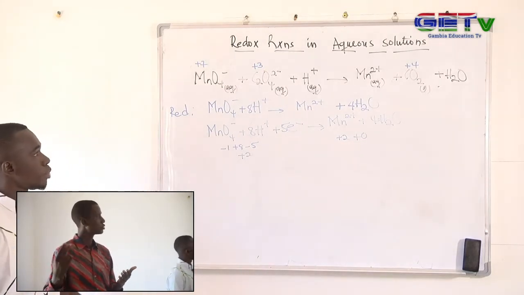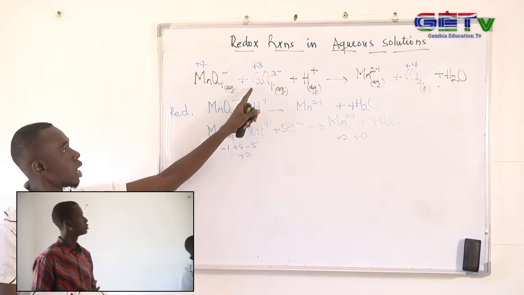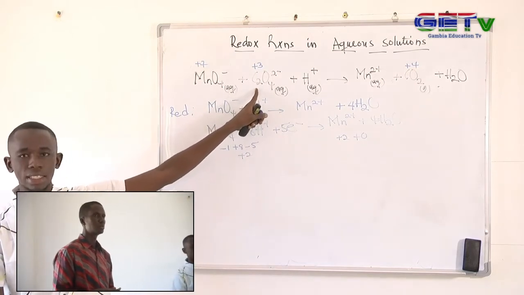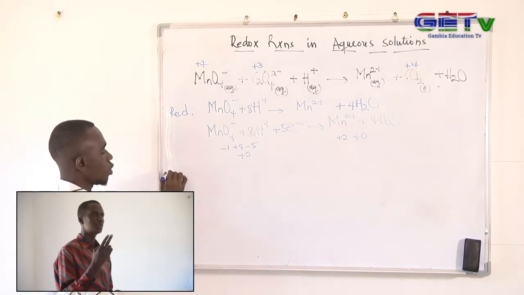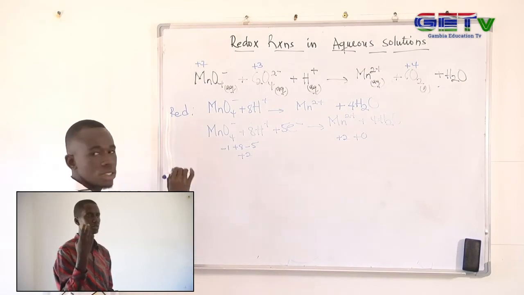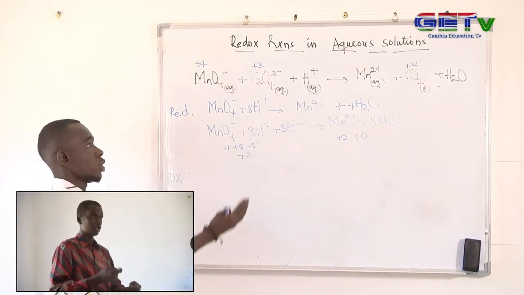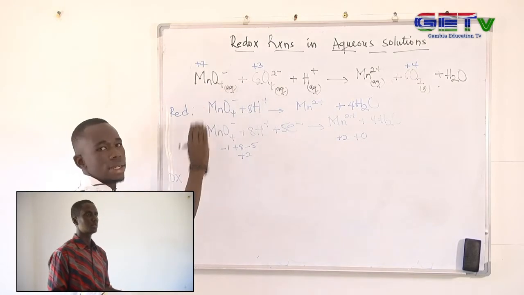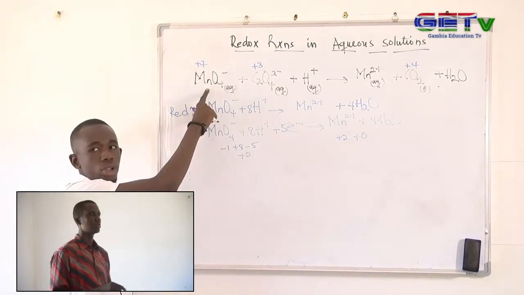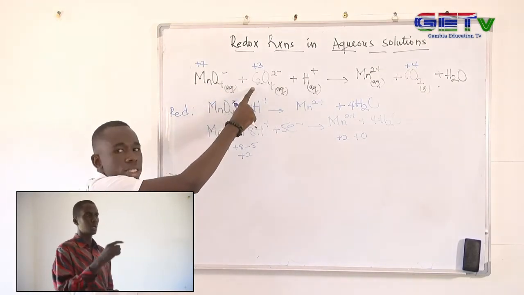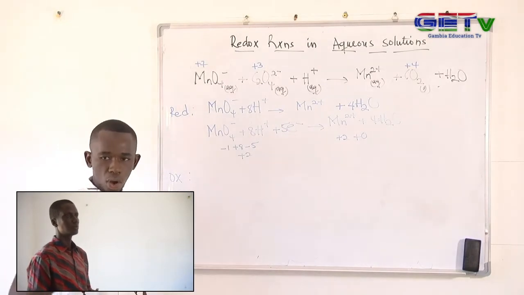After this, we come towards the oxalate acid, which will be undergoing oxidation. Of course, we just have 2 species here. If this species is undergoing reduction, it means the next species will be undergoing oxidation.